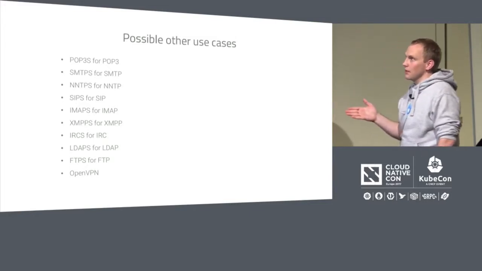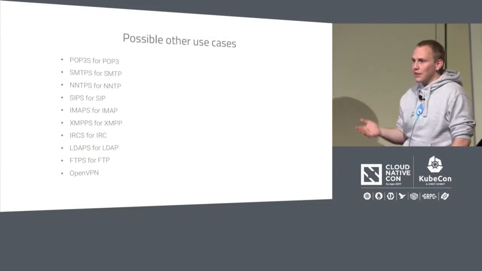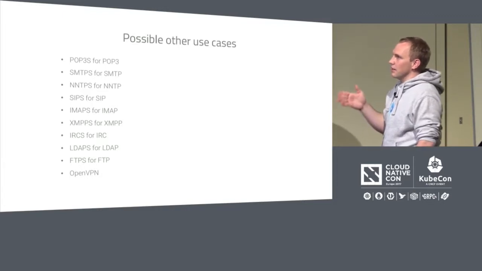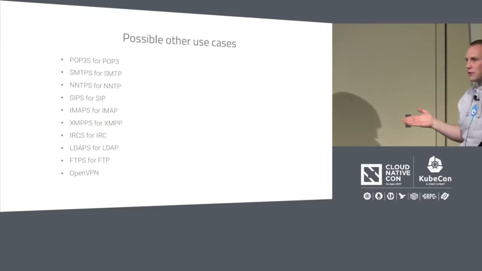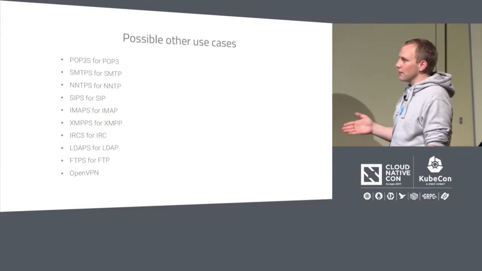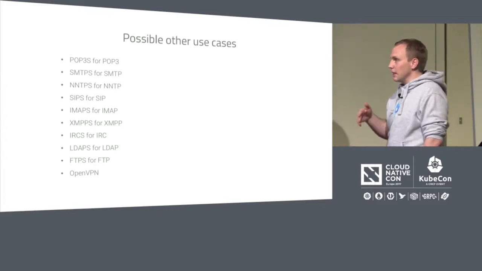Theoretically, we didn't try all of this, so it's open to you. We would like to get feedback. But if you want to run a POP server, SMTP server, or some other things on a Kubernetes cluster and want to secure this on the pod level, it should be possible with K8SNIff to forward the traffic to the pod.